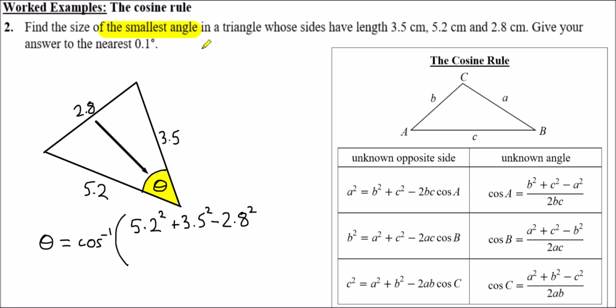So for that reason, we're minusing off this 2.8 squared. And we're going to do all of that divided by 2 lots of the product of the sides which flank the angle you're wanting, which are 5.2 and 3.5. If you prefer to use this, you absolutely can do. That's no problem whatsoever.